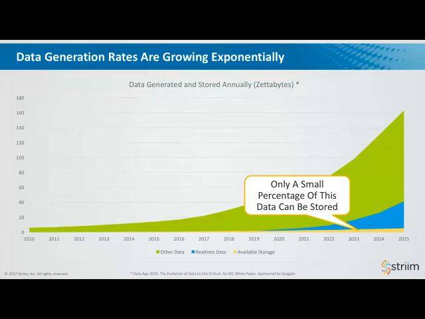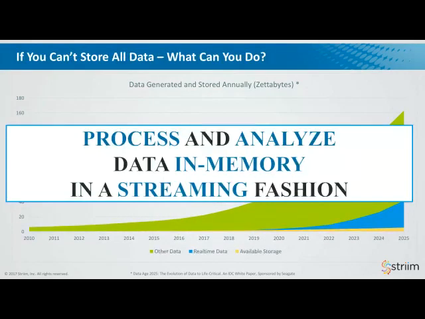It's just something that you cannot do. So if you can only store a small fraction of it, you're left with the conclusion that you have to process and analyze the data in memory before it ever hits disk, before it ever hits storage, in a streaming fashion.